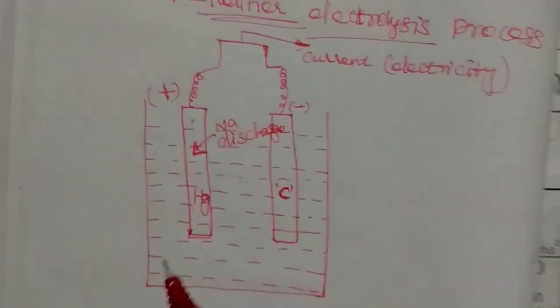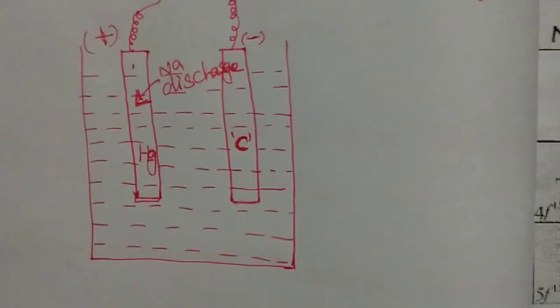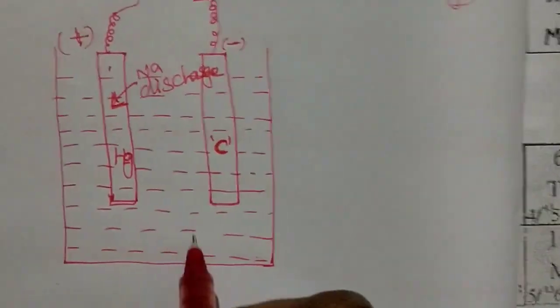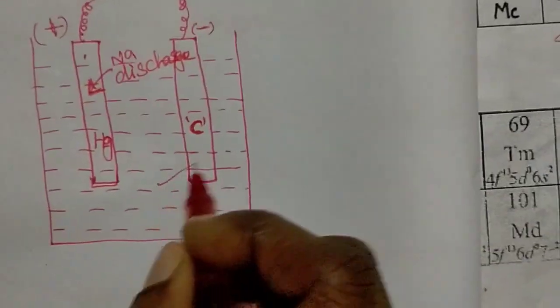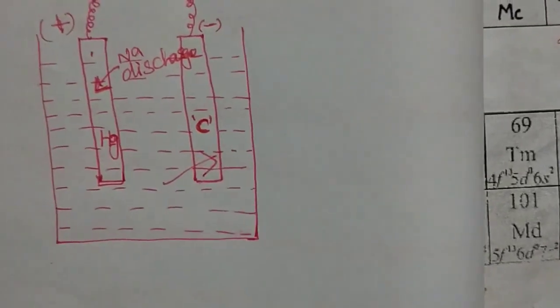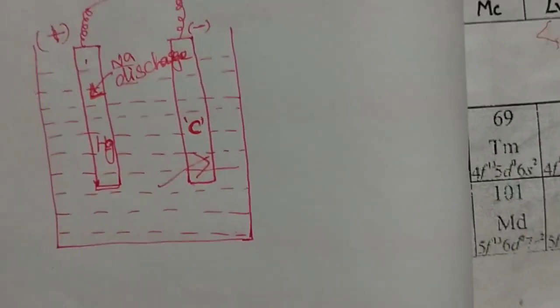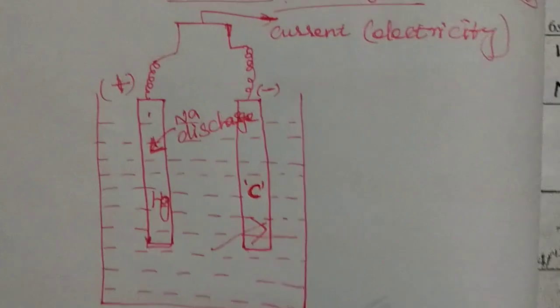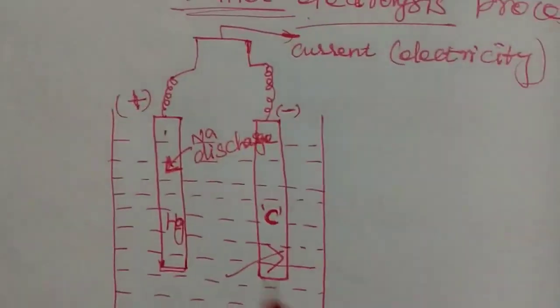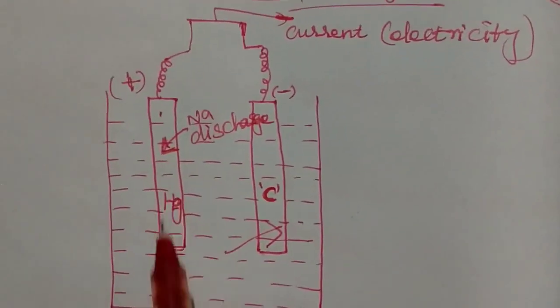Then chlorine, which is evolved from this solution, is deposited at the anode. Now this sodium is discharged into the mercury cathode.